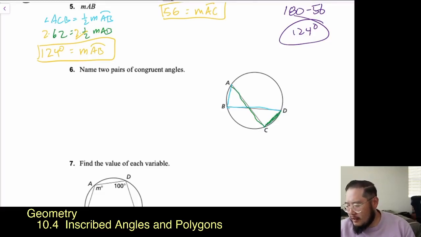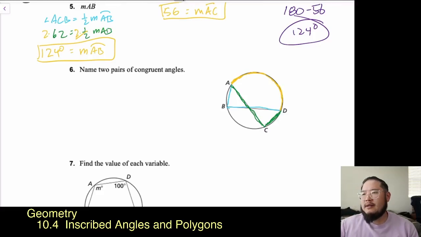Now, why am I coloring in those angles? Well, I could see right here that both of those angles have this arc that they share.